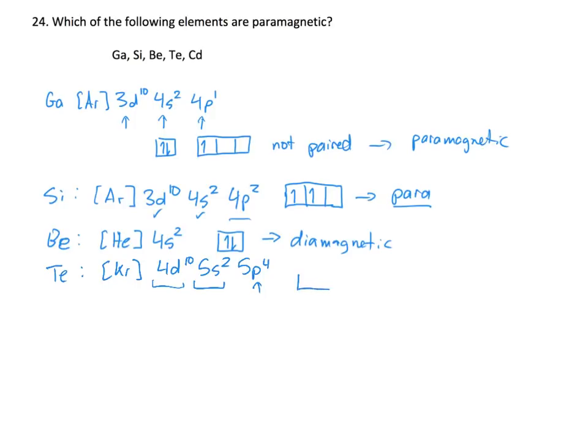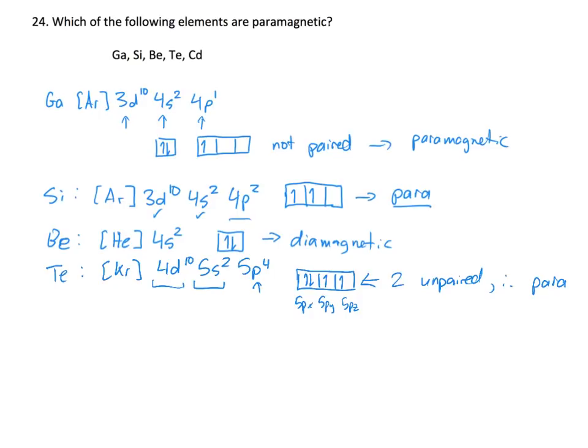So we would look at the 5p orbitals, 5px, 5py, and 5pz. And we have 4 electrons to put in, so we use Hund's rule first. So we go 1, 2, 3, and then the 4th one will pair up the first electron, but we still have 2 that are unpaired. Therefore, this one is paramagnetic.